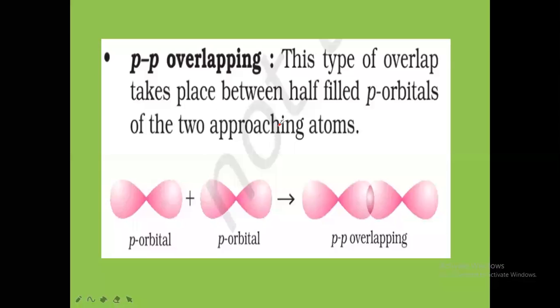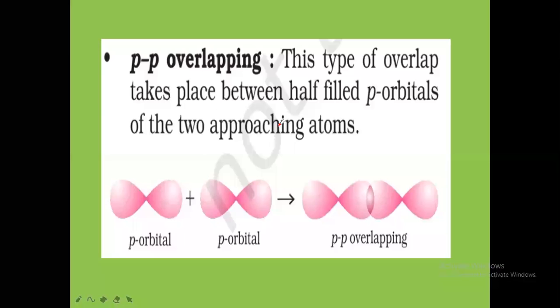Next, we discussed three types of overlaps: PP overlap, SS overlap, SP overlap. Which overlap has more strength than which one? PP overlap is stronger than SP overlap, which is stronger than SS overlap. Remember, PP overlap is stronger. Why?